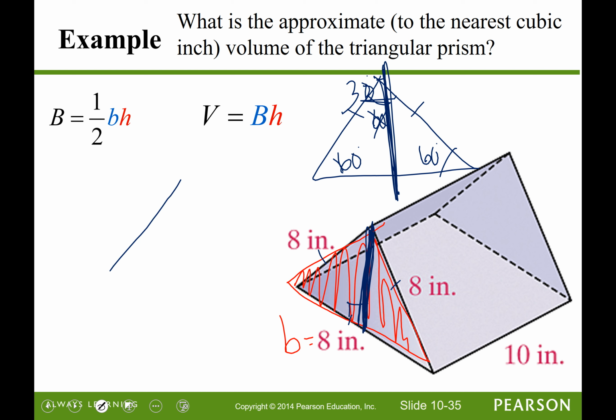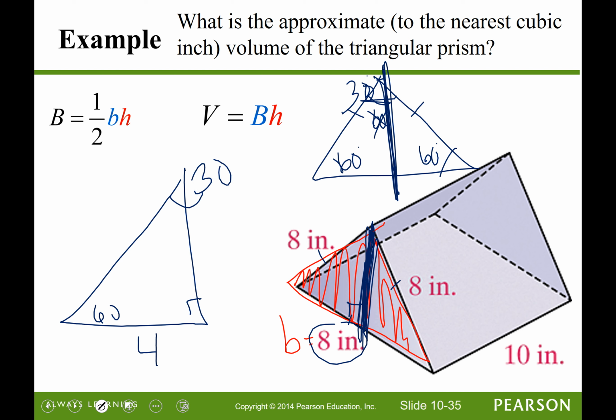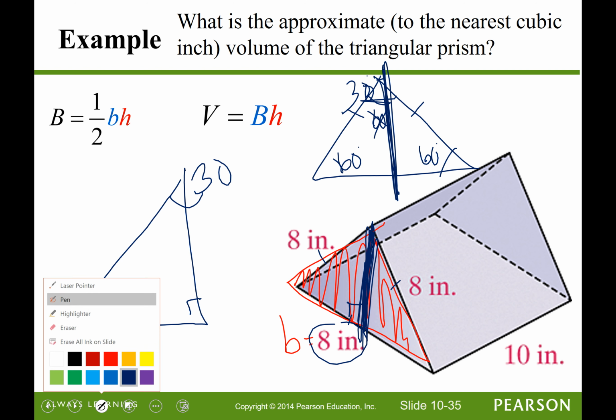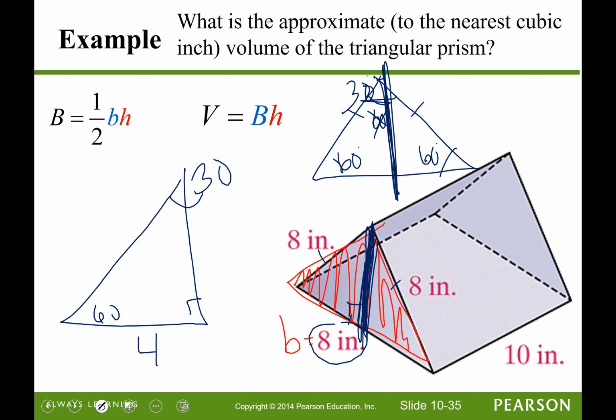Let me draw that 30-60-90 a little clearer over here now. We only have half of the base now, half of that 8 gets cut in half, so we have 4 there. Here's our 30. So across from the 30 degree angle, we put an s, across from the 60, we put s radical 3, and across from the 90, we put 2s.